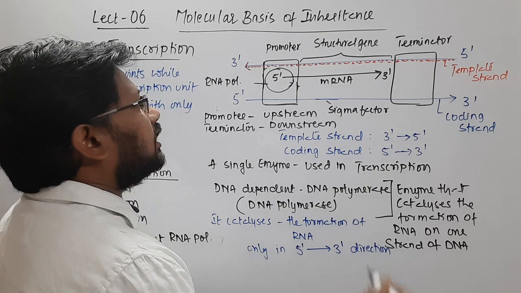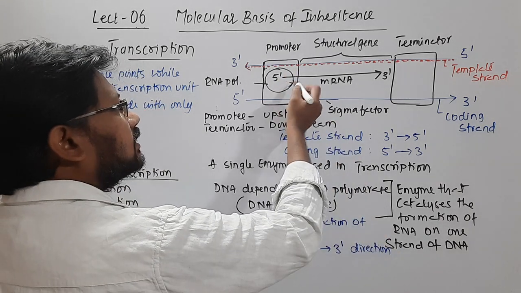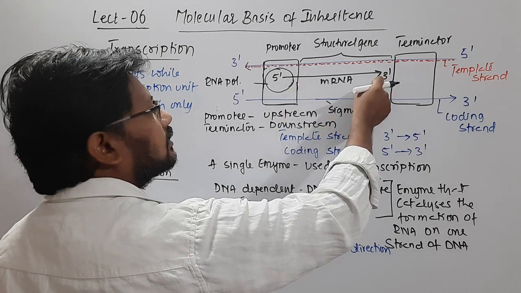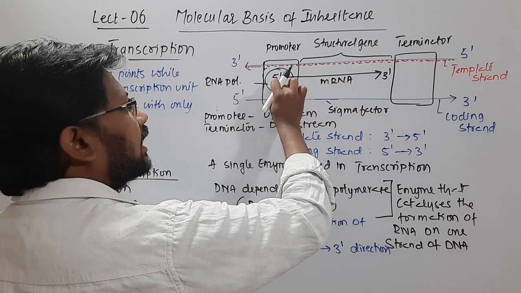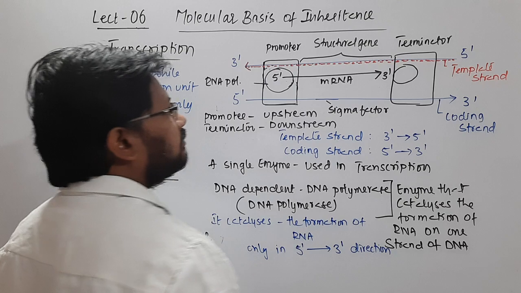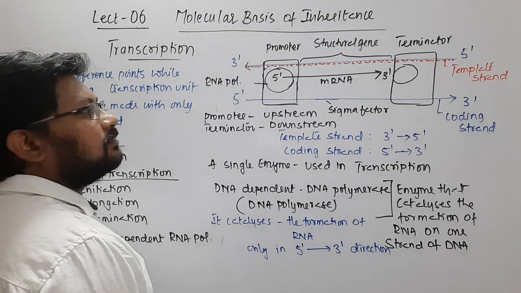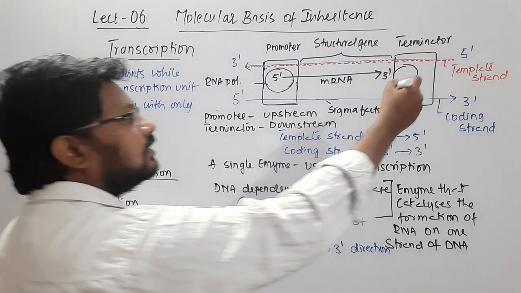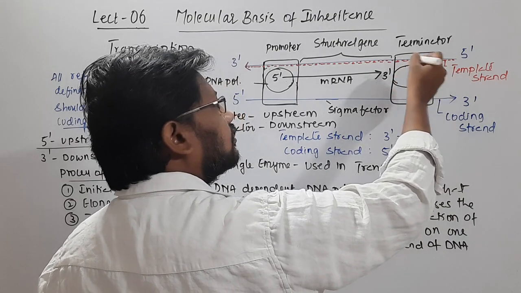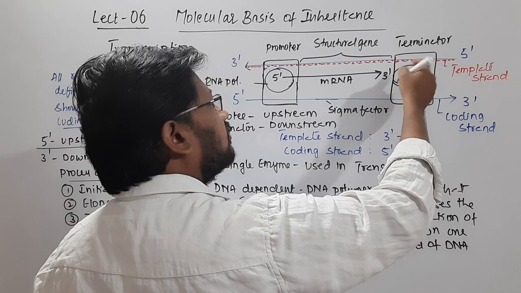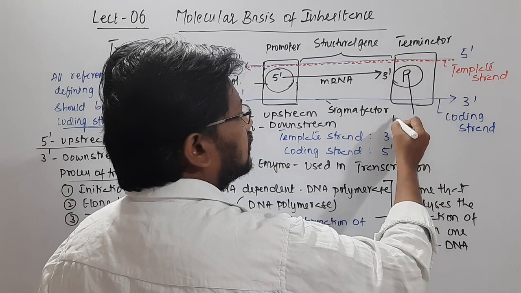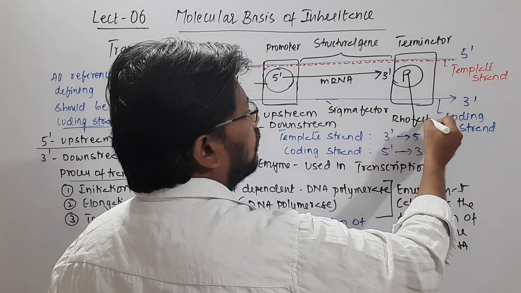So here the RNA polymerase forms mRNA in the direction 5' to 3', and finally it comes to the terminator region. When it comes to the terminator region, another factor binds with this RNA polymerase, that is called the rho factor.